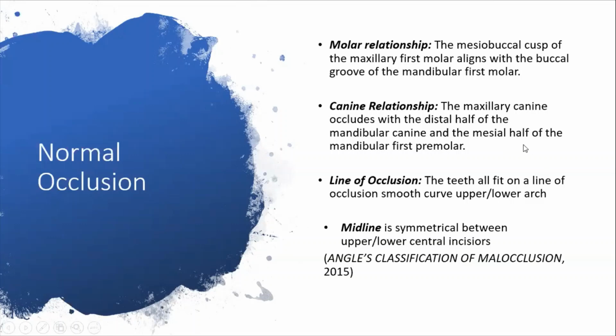The line of occlusion is when you look at the arch and all the teeth are fitting on a line of occlusion. So you've got this nice smooth curve on both arches. And the midline is very symmetrical between the upper and lower central incisors.